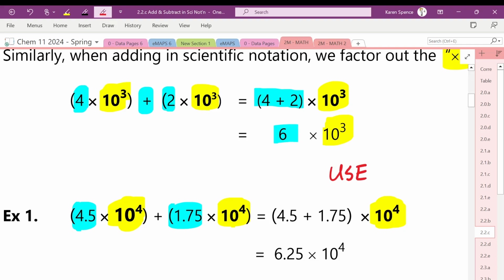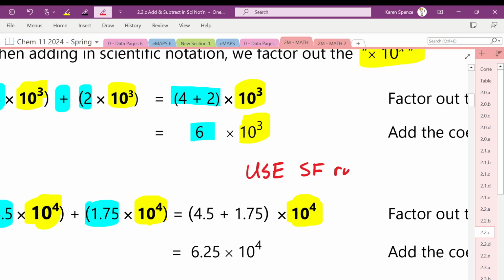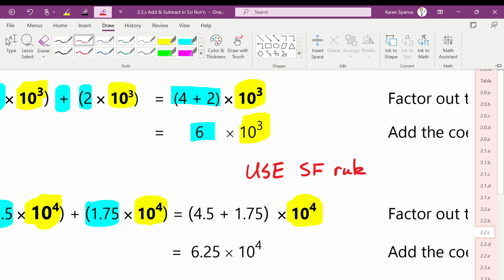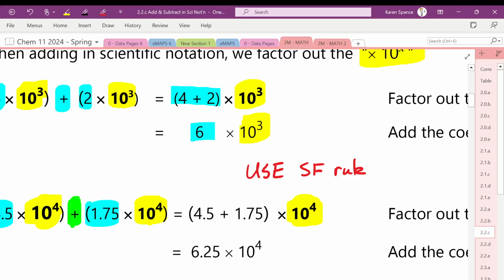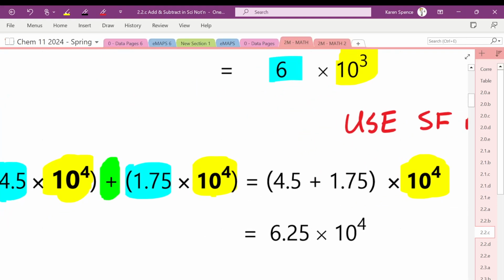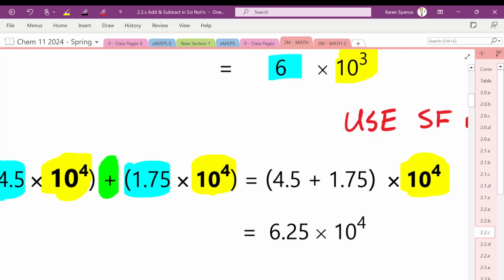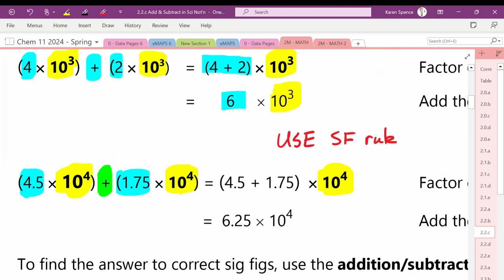Use the sig fig rule. Which rule will we be using? Will we be using the multiplying dividing rule, or this adding subtracting rule? Adding and subtracting. Tell your partner, what is the rule when we add and subtract?